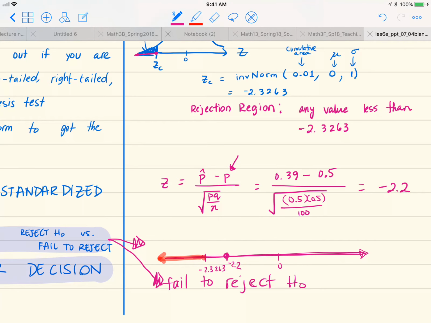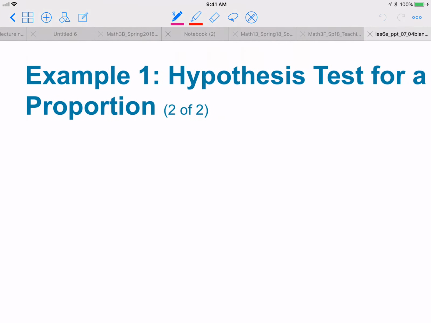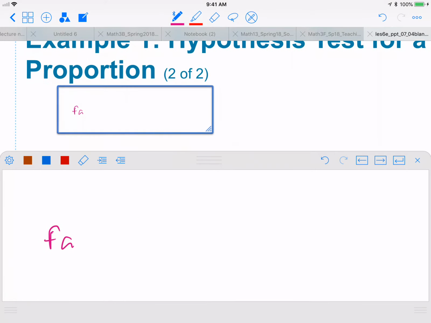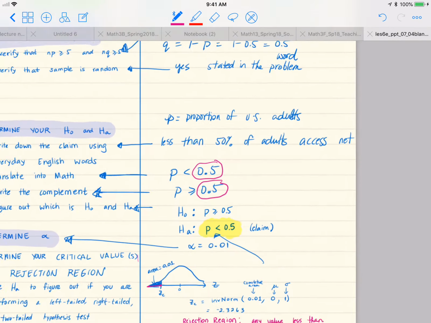And then interpret my decision. That's the last one. To interpret my decision, I need to put together that I failed to reject H naught, and my claim was, what was my claim? My claim was HA.